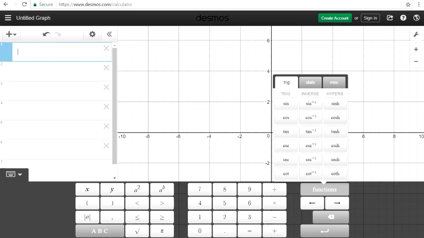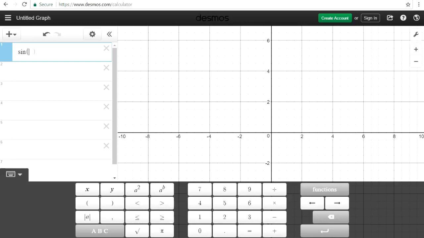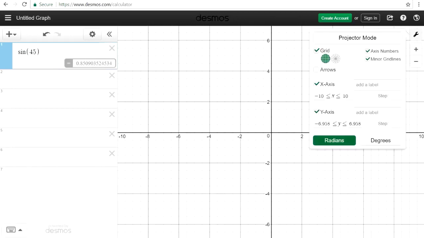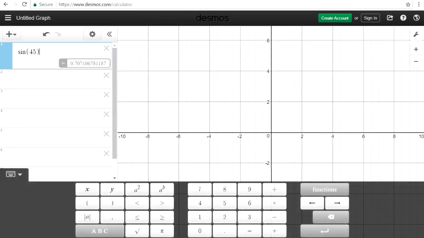And let's focus on evaluating trig functions. So sine 45. It looks like this is in radian mode, so we can convert it to degrees. Sine 45, which is root 2 over 2, in its decimal form, that's 0.707. Sine 30 is 1/2. Sine 60, 0.866.